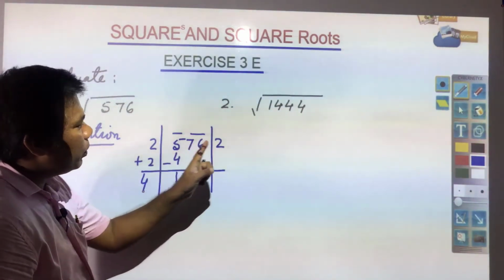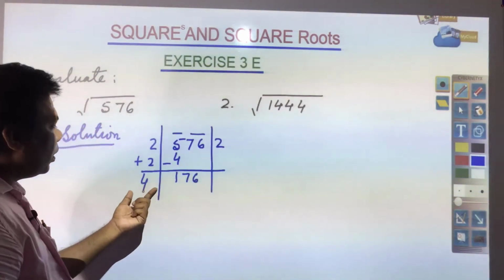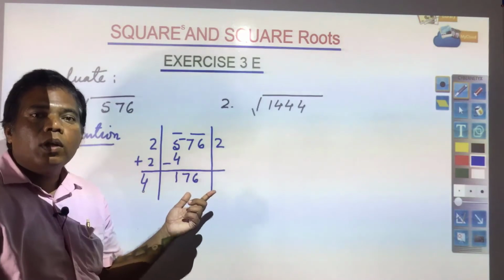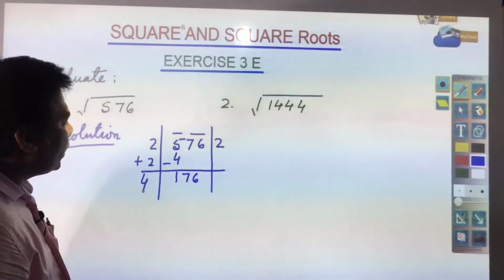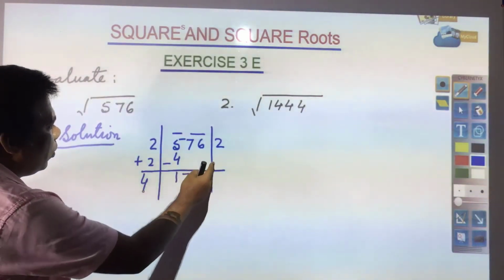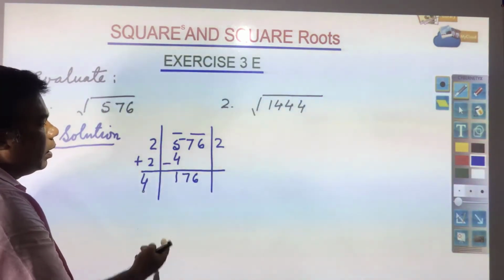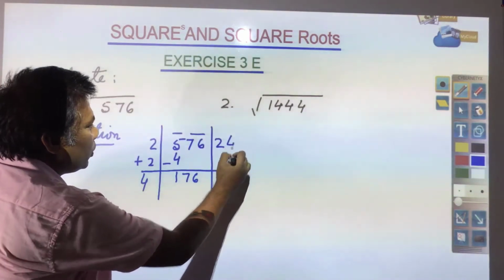This number should be there in the quotient also, and if you are multiplying with that number, then we should get about 176 or equal to 176. So, just you see how many times it will go. Suppose if 4 times we are taking, 4 times 4 is 16, and 1 is 17. So, that will come to 176. So, 4 times it should be taken.